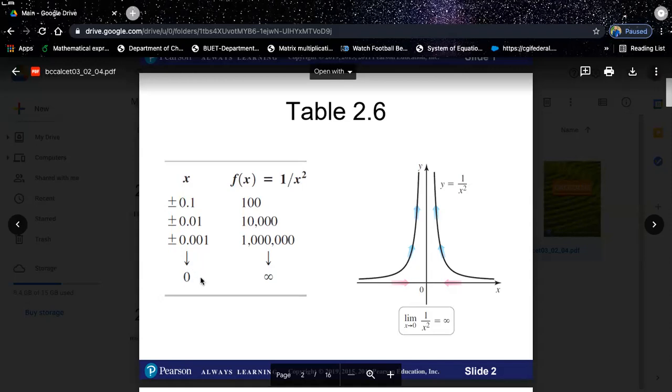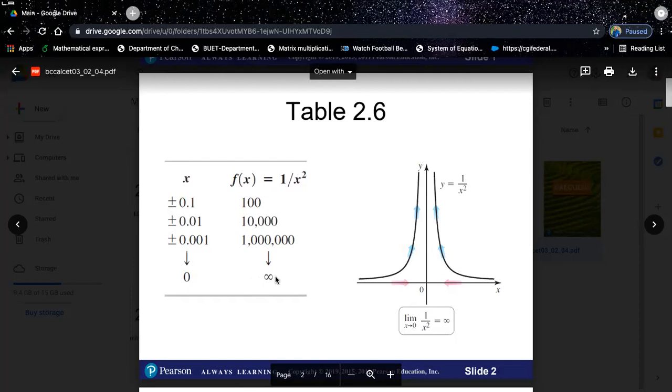And either way, we can see the value is approaching a really, really big value. So even without eyeballing the graph, we can say that if x approaches 0 from either side, the function will approach infinity.